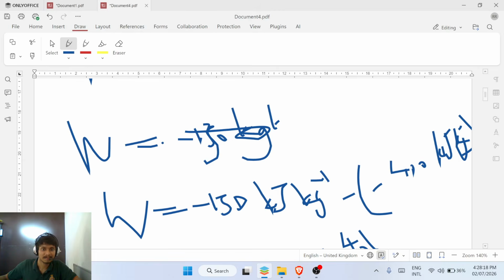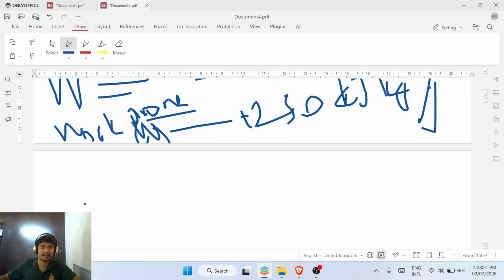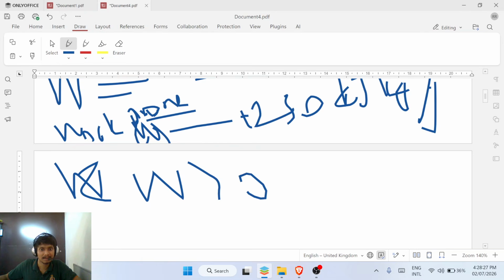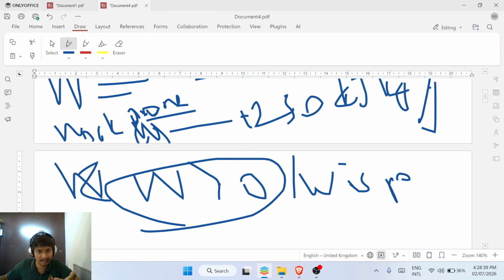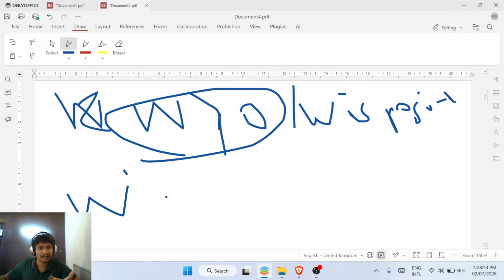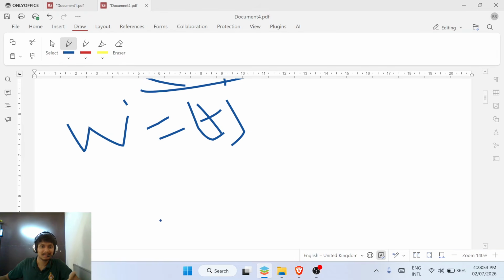We already discussed W is equal to plus 250 kilojoule per kilogram. W is greater than 0, so W is positive.